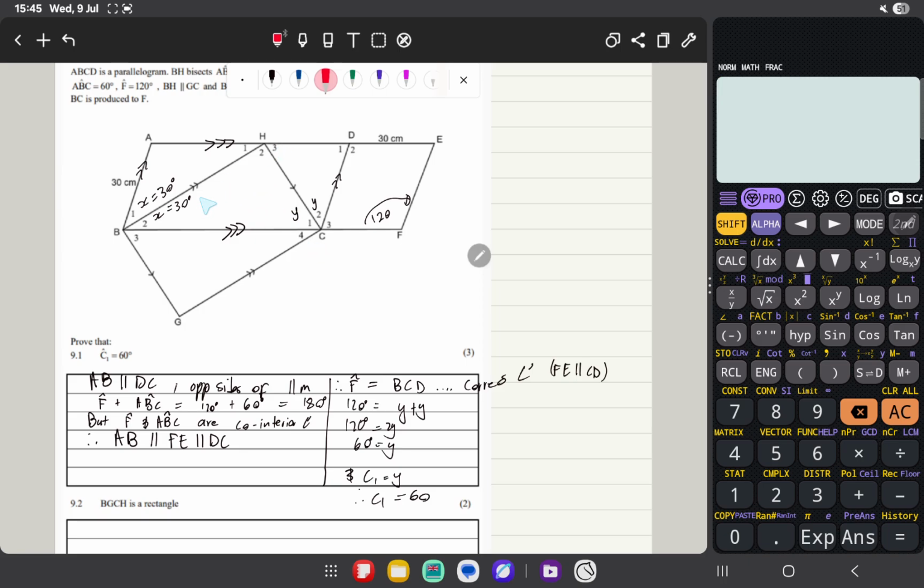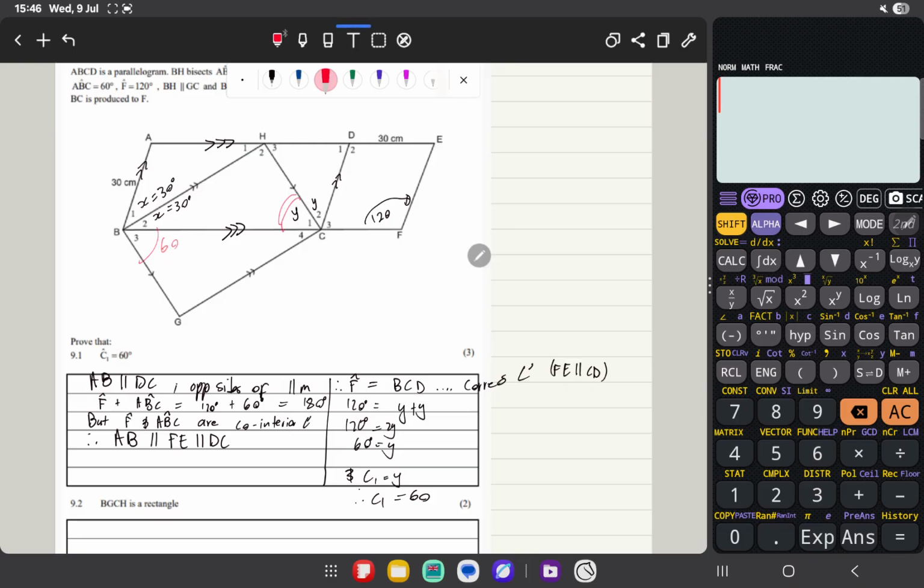So this angle will alternate with this one, implying that the angle here is going to be 60 degrees.